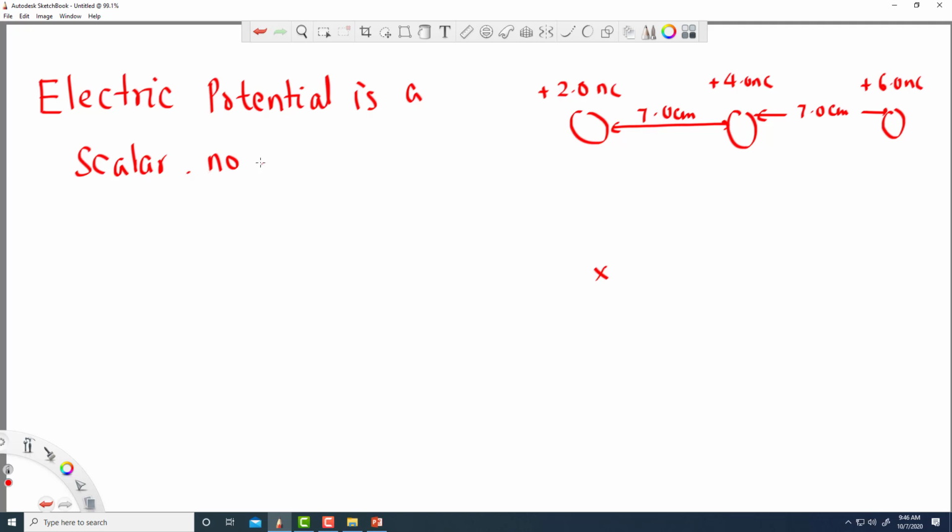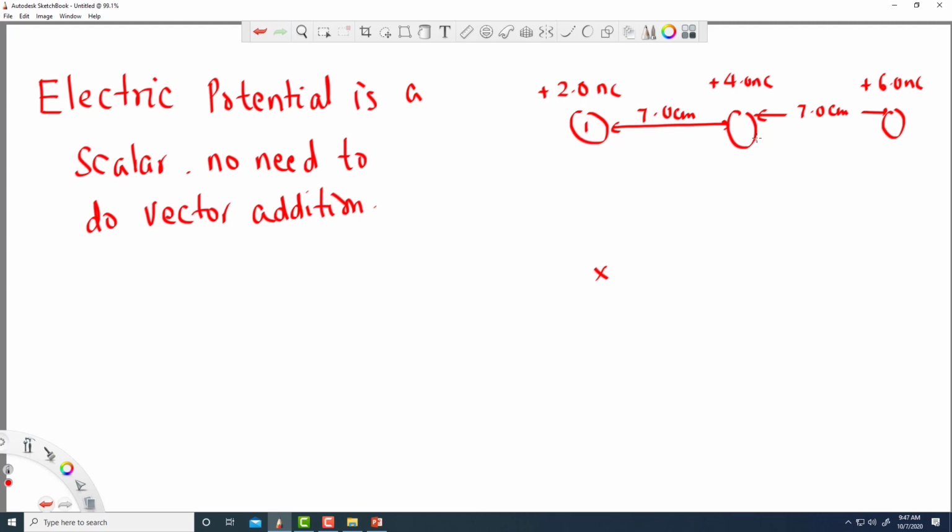No need to do vector addition. Just add as you add scalar numbers.